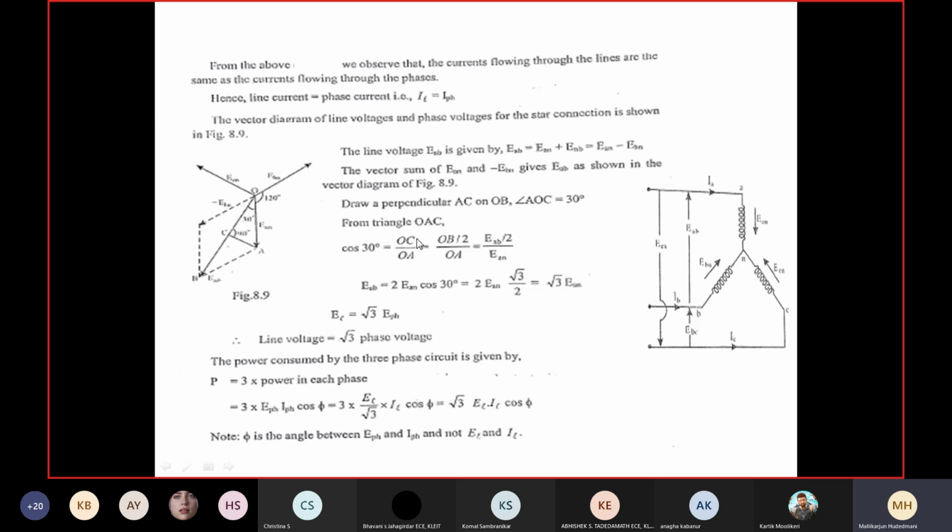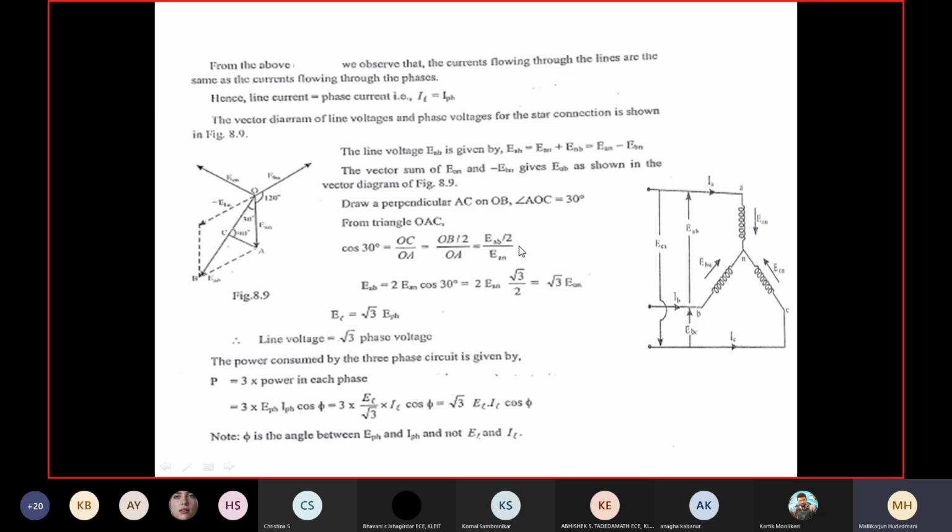With that you can see here, what is OC in turn? It is OB divided by 2, because this is a totally symmetric system. When I drop a perpendicular, this perpendicular bisects this diagonal. Therefore, cos 30 is OB by 2 divided by OA. Now let us substitute. What is OB?